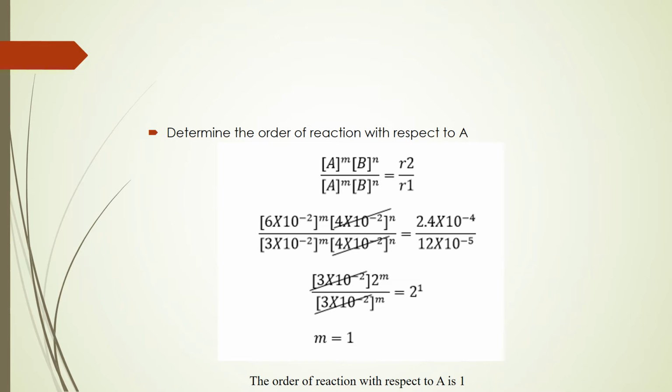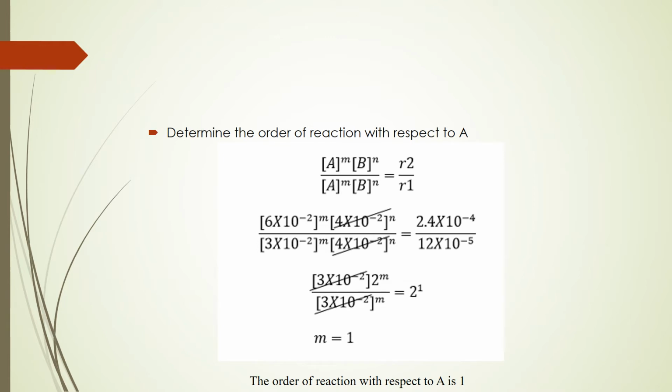This means that we take the concentrations of both A and B at two different experiments, with two different values of initial rates. Then we substitute the values of the concentrations into this equation, and also substitute the initial rate values into their respective positions.